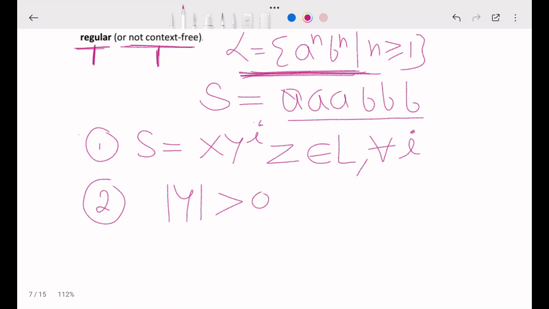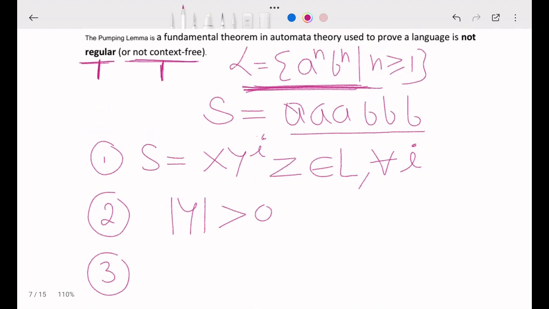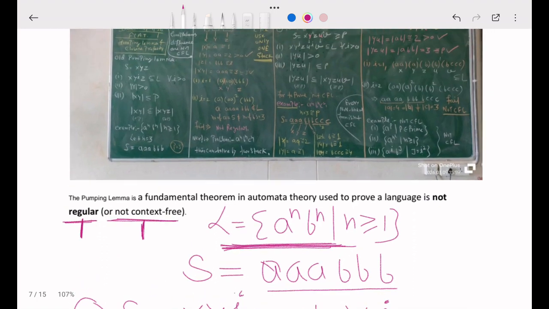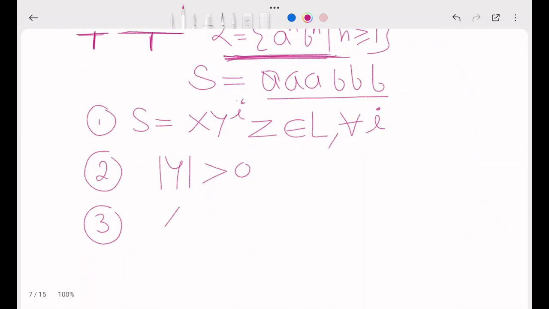Rule number 3: the length of xy must be less than or equal to p. What is p? You can take any value of p.